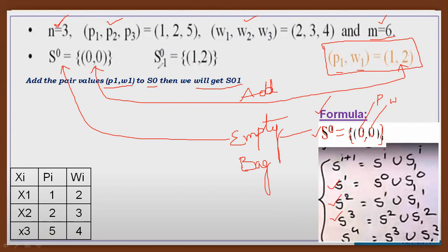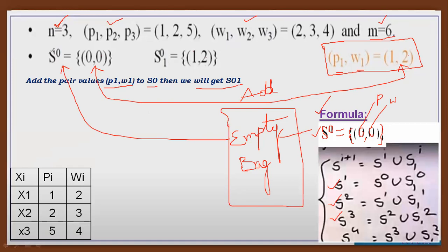Friends, once again, I will explain. The first step is, from the given problem, you need to mention the N value, profits, weights, and knapsack capacity, and place all the values in a table. Once you arrange the values in a table, the first step is to consider an empty bag. Empty bag means there is no profit, no weight.